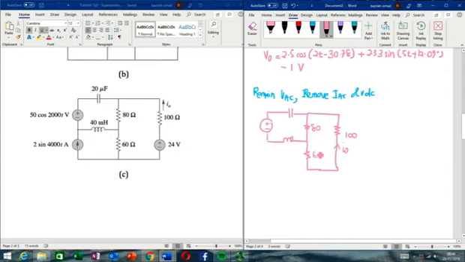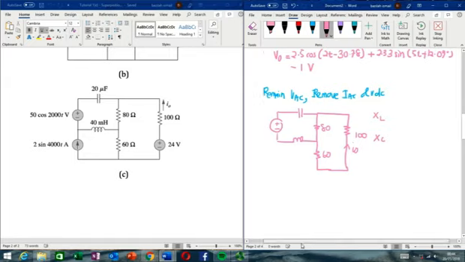Okay, first step, calculate the values of XL and XC using omega equal to 2000. So this source converts to the phasor domain as 50 angle 0. XL is equal to j omega L, which is j times 2000 multiplied with 40 milli.